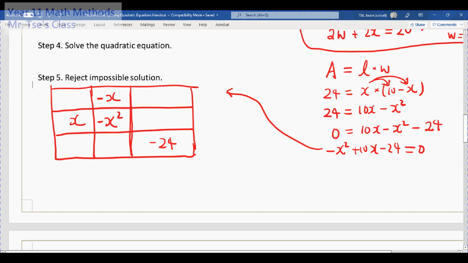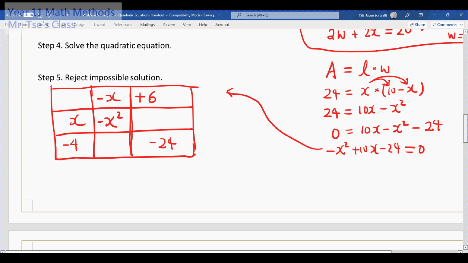Okay, so let's try again. How can we get this one? Okay, so another attempt, you can see there's plus 6 and minus 4. So you will still get minus 24, right? By doing so. Minus 4 times plus 6 is minus 24.